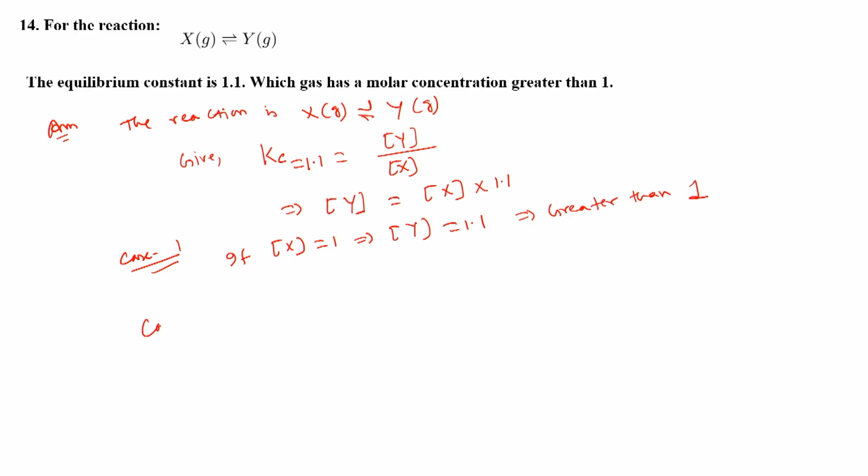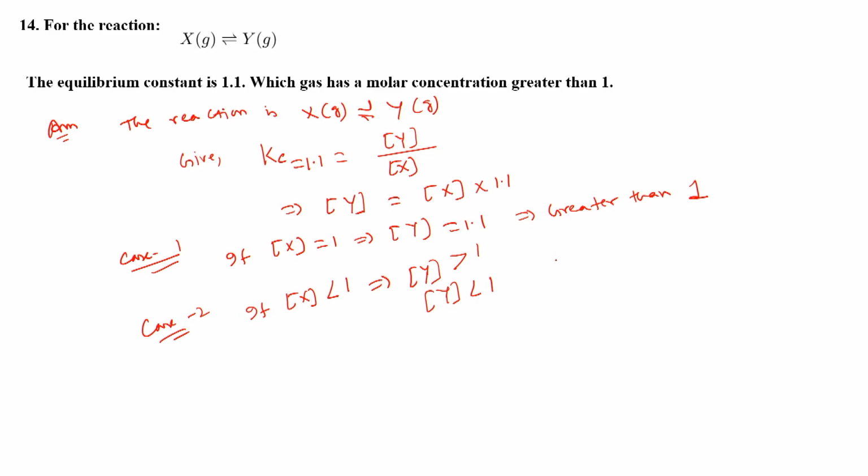Case 2, if concentration of X is less than 1, then concentration of Y can be greater than 1 or concentration of Y can be less than 1, depending on the value of concentration of X, right.